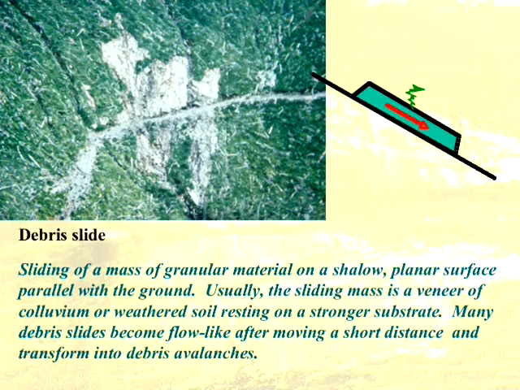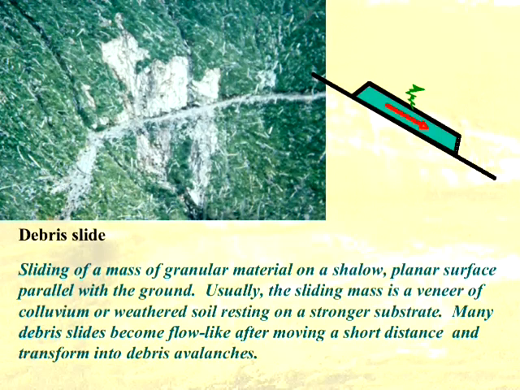What you'll find is that frictional granular materials tend to fail by planar translational failure, as opposed to cohesive materials that tend to fail in a deep-seated rotational manner. So it's not a surprise that debris tends to fail as a kind of translational slide.